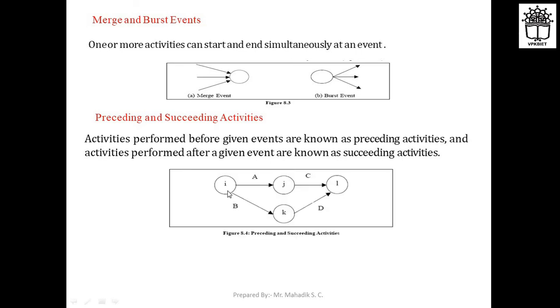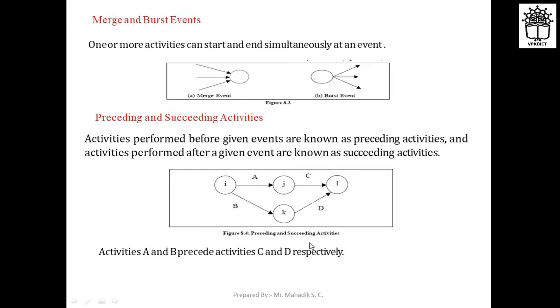Here the events are I, J, K, L, and the activities are A, B, C, D. Activities A and B are called preceding activities of C and D, because A and B precede C and D.